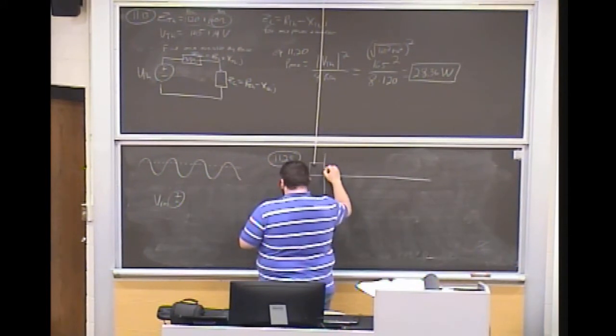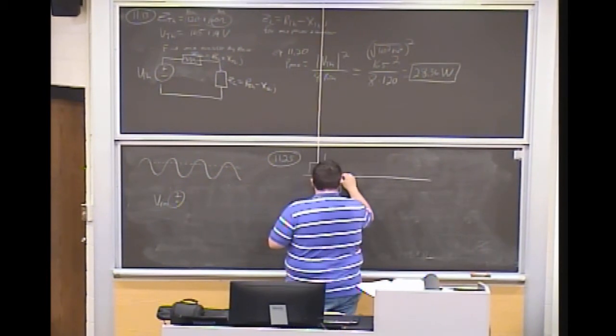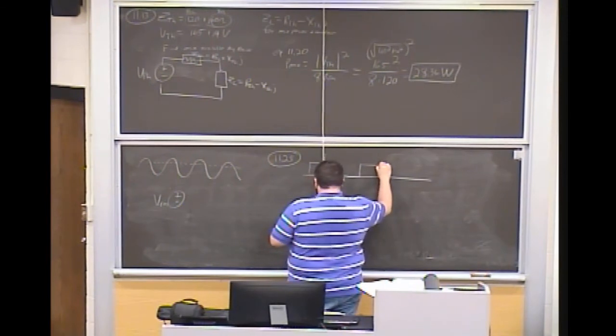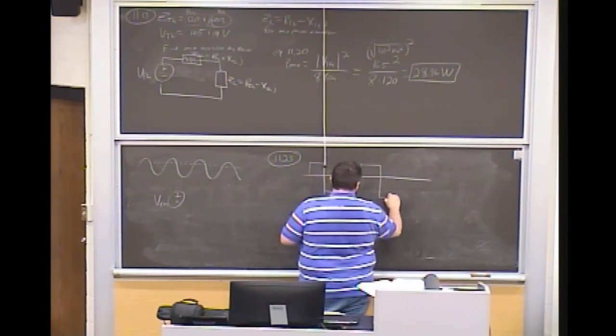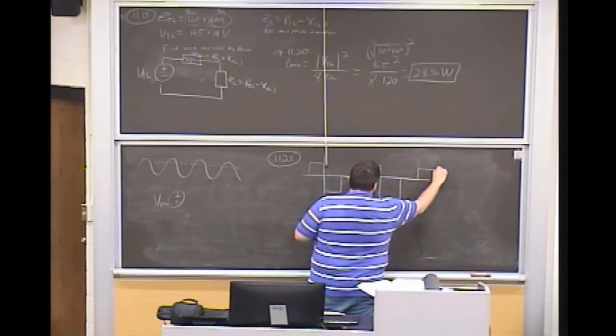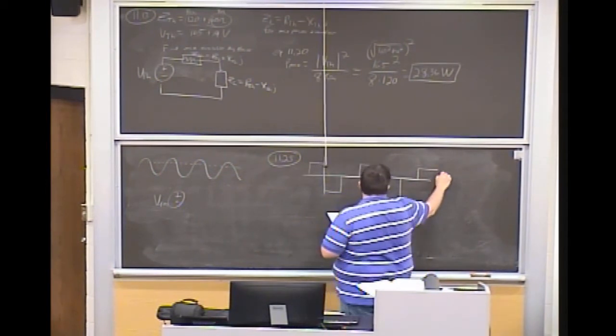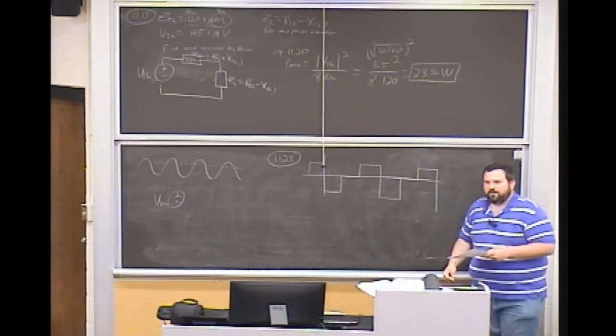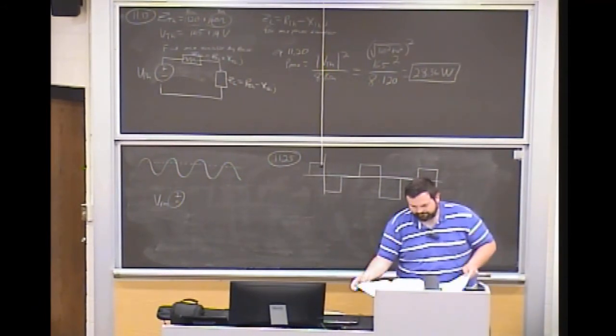You've got a stair step, and you got this, then it stays here, then it goes up, and then it goes back down. And then it stair steps, it stays here, it goes up, and presumably it just repeats this pattern over and over again until the end of time.